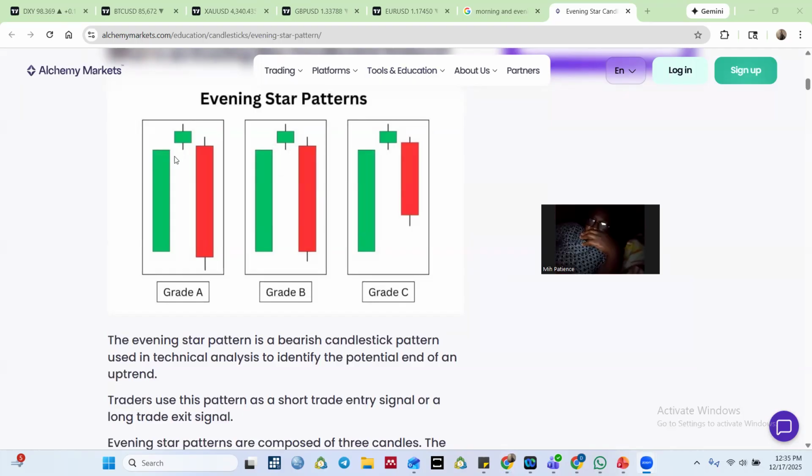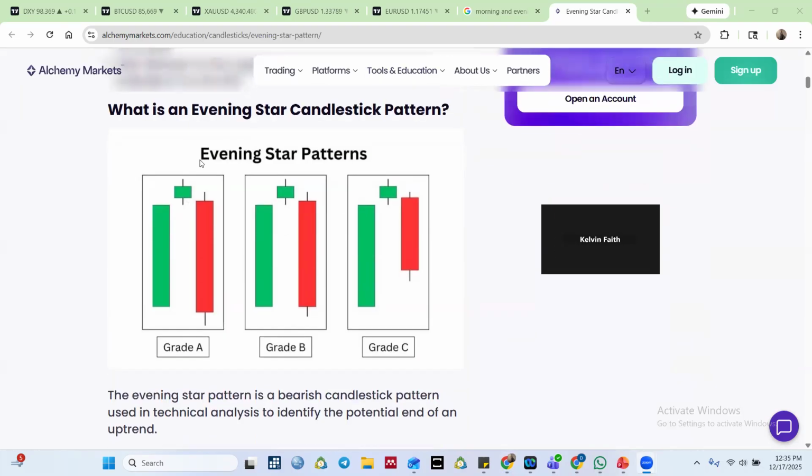And then you see a red candle that takes off to engulf either all of the last green candle or a good percentage of it, either half or all. People have said it doesn't really matter the color of the doji, the small candle, which would be at the top. But yeah, this is the way it looks.